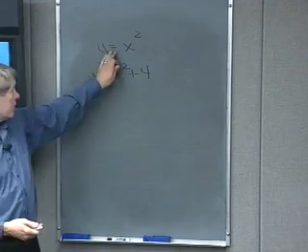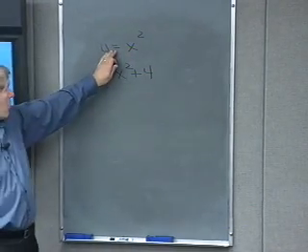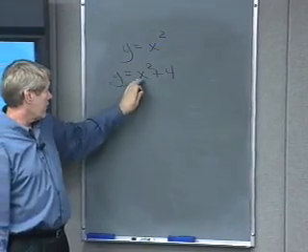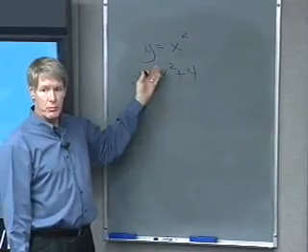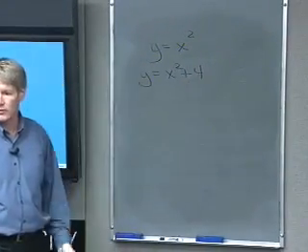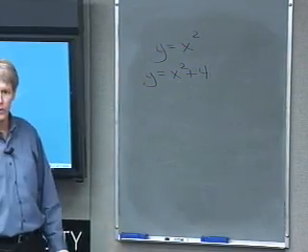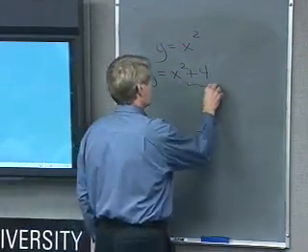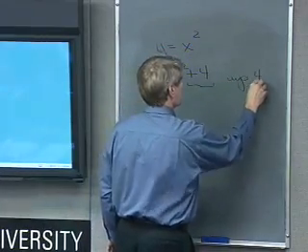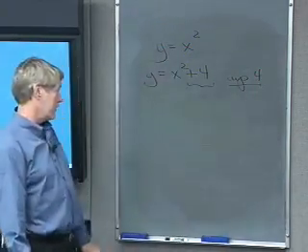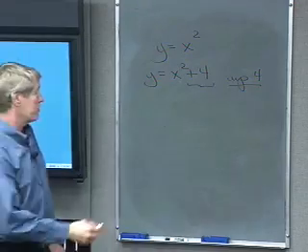If you compare this to this, the y values here are x squared, the y values here are x squared plus 4. We've simply added 4 to every y value. And if you think about what you're going to do with that, you take every point and lift it up 4 units. So this takes our old friend and raises every point up 4 units.